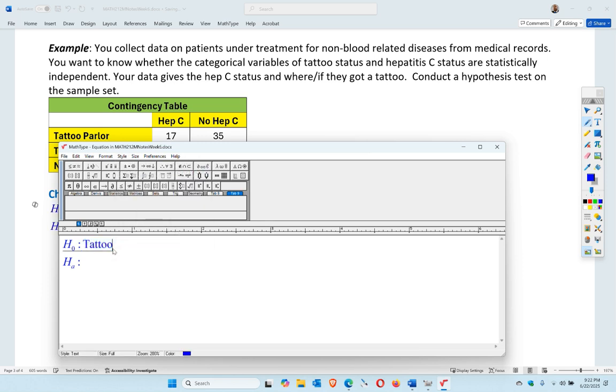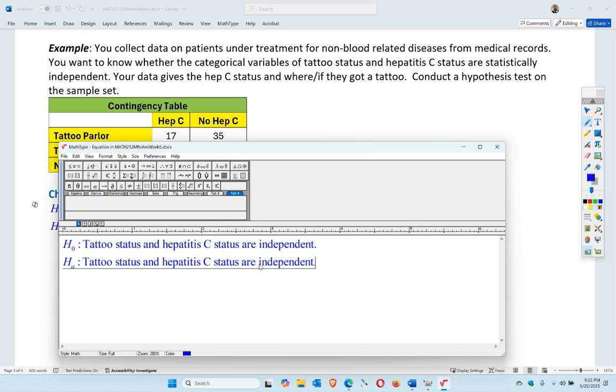Tattoo status and hepatitis C status are independent. We'll copy that, paste that, are not independent, thus you're saying thus dependent slash associated, right?